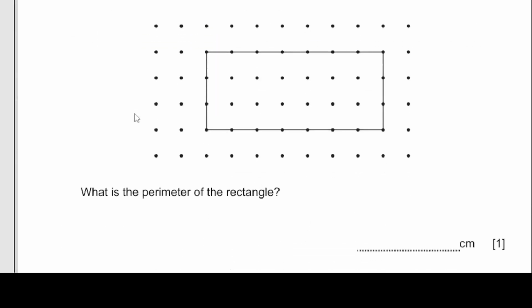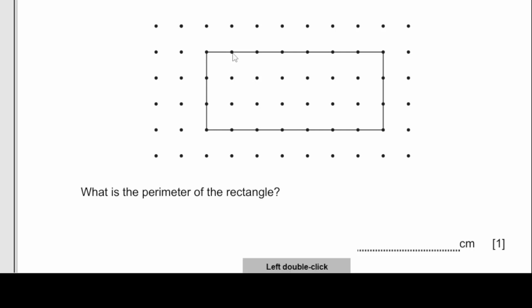Now next one, here is a rectangle drawn on a 1 centimeter grid. So that 1 centimeter grid is here. What is the perimeter of the rectangle? So we have to count the number of dots, like to count the length of the rectangle.